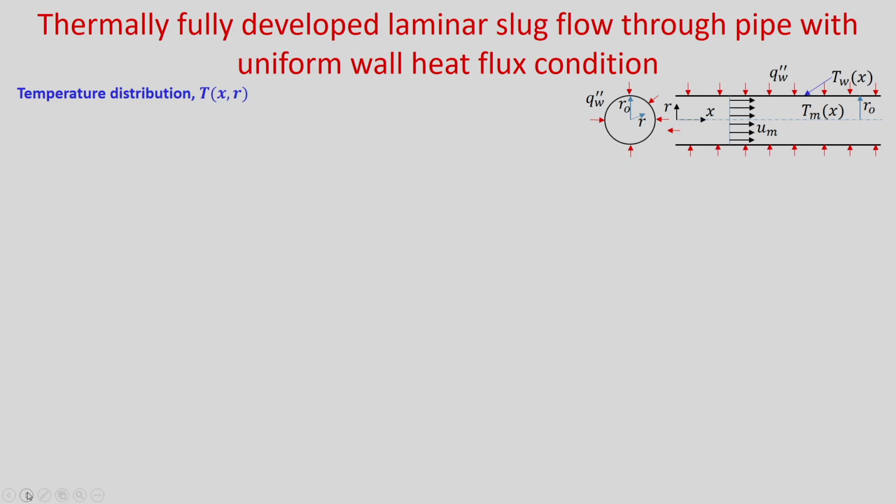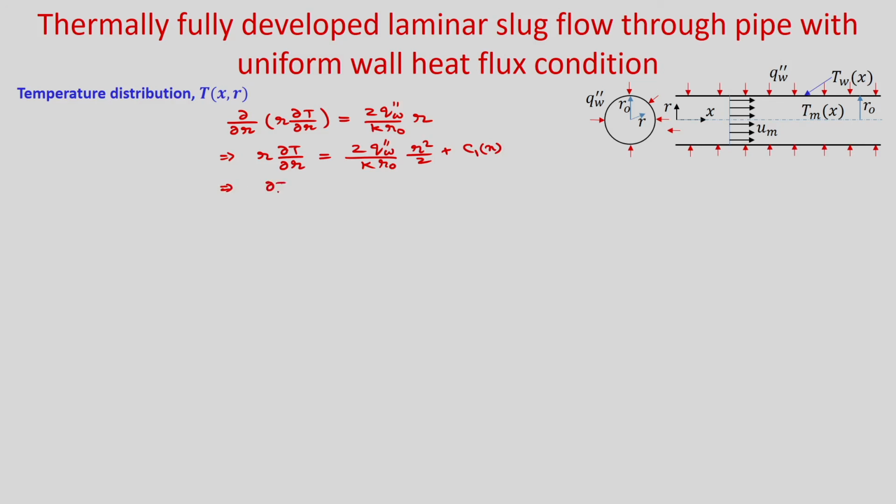So, now let us find the temperature distribution. You have del of del r, r del T by del r is equal to twice q double prime w by k r naught into r. If you integrate it first, then you will get r del T by del r will be twice q double prime w by k r naught into r square by 2 plus C 1, which may be a function of x.